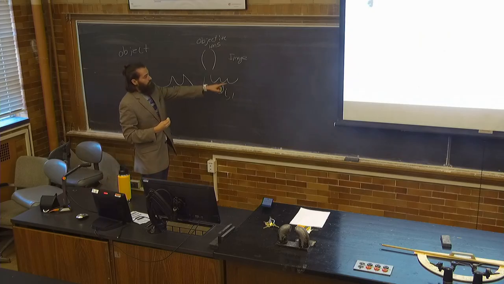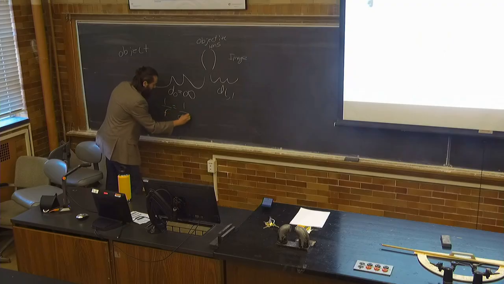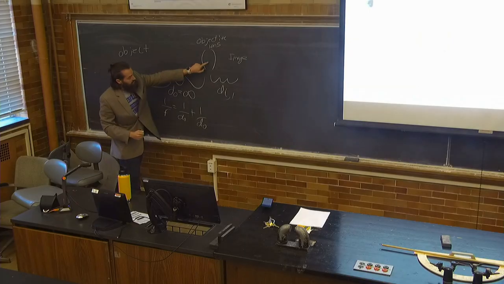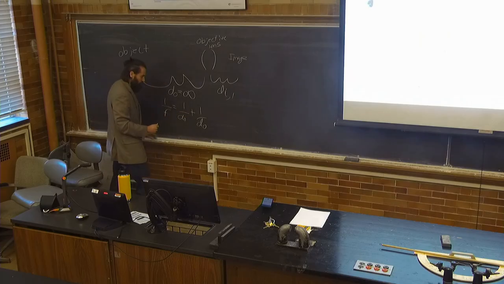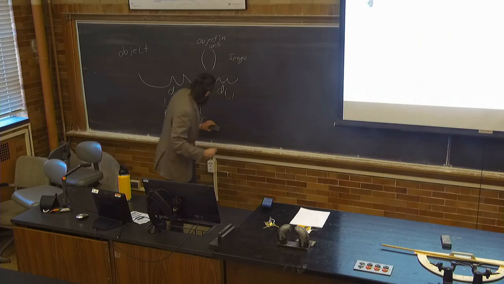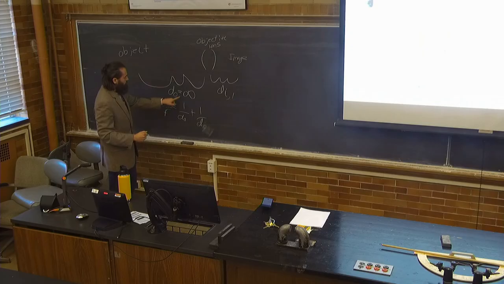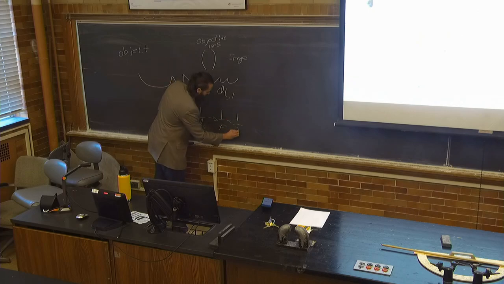And if we remember the thin lens equation from last time, one over the focal length of this lens is equal to 1 over the object distance plus 1 over the image distance. But if we plug in infinity for the object distance, 1 divided by infinity just goes to 0.